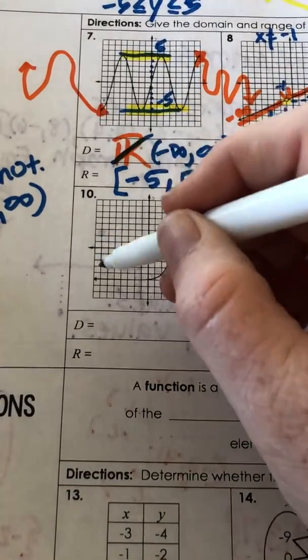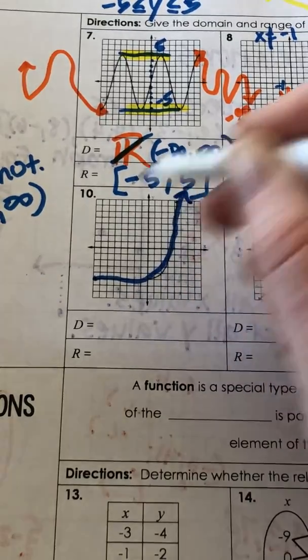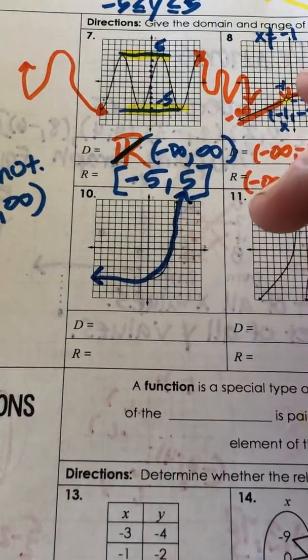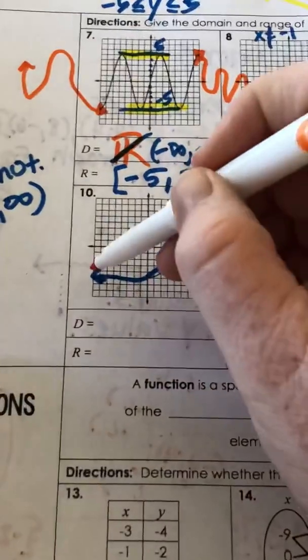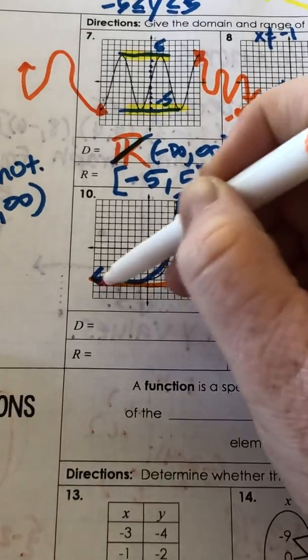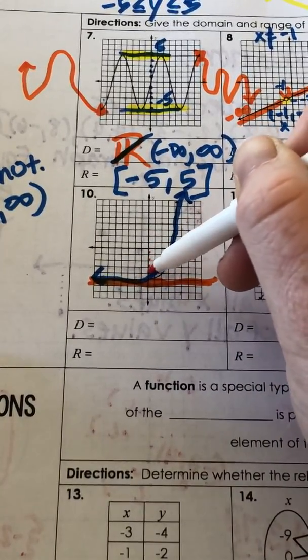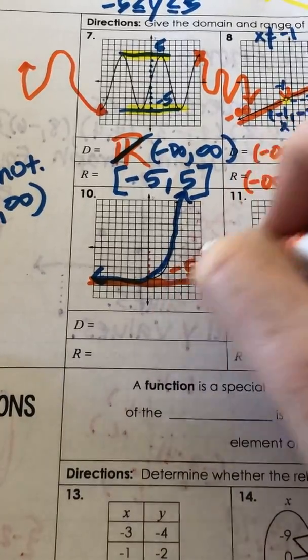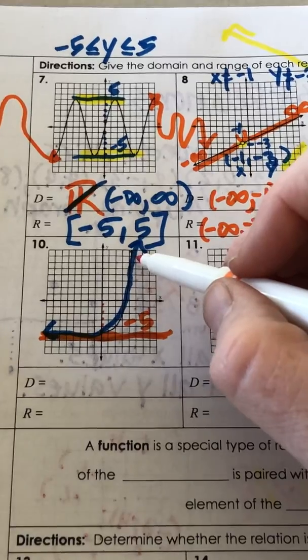All right, it's a little hard to see this graph. But it's clearly asymptotic right here, meaning it's not crossing the graph at 1, 2, 3, 4, 5, at -5 on the y, okay? But it's not asymptotic here.